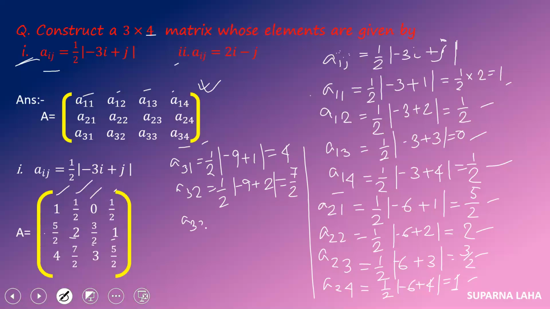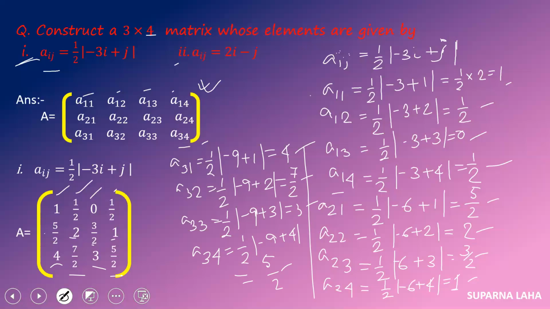A33: half of mod of minus 9 plus 3, 6 by 2 is 3. A34: half of mod of minus 9 plus 4, that is minus 5, mod of minus 5 is 5 by 2. You can say the third row is 4, 7 by 2, 3, 5 by 2.